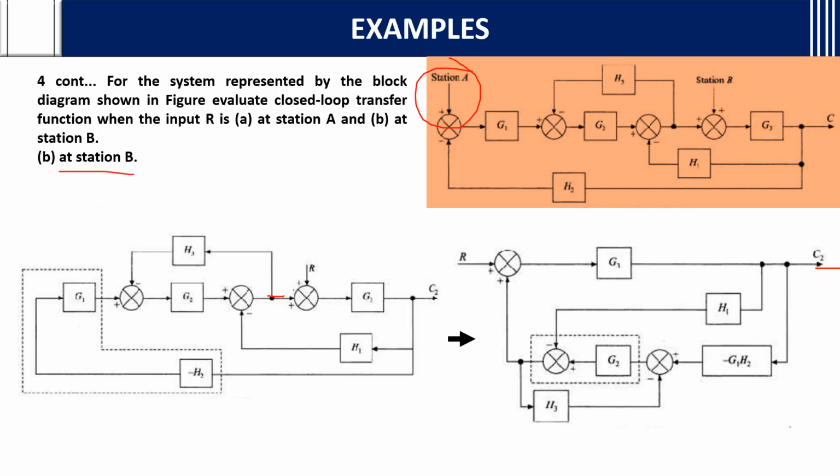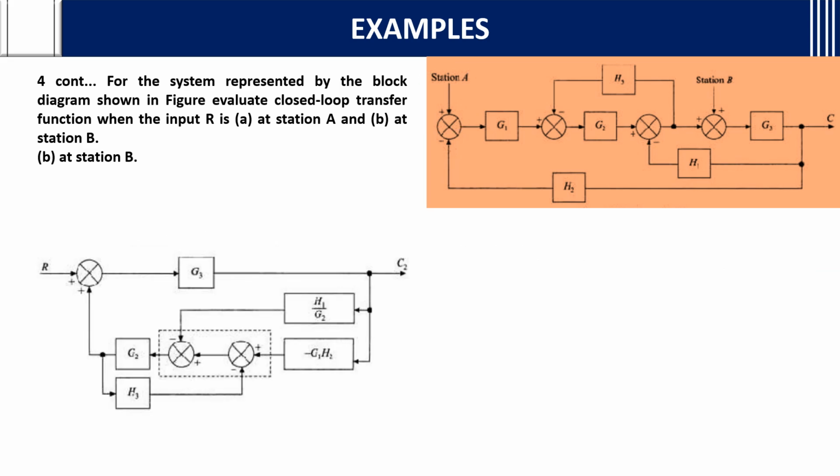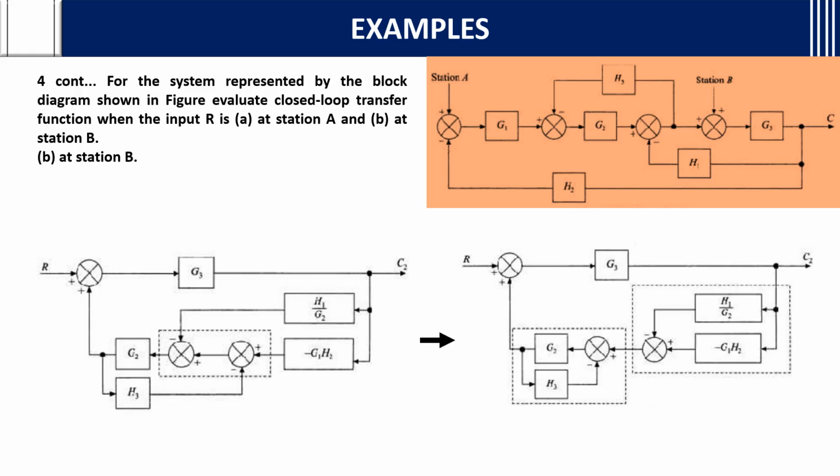After writing this, if you see here, these summing points have been shifted. So you will get H1 G2 and minus G1 H2, G2 and H3 G3. And after writing that, if you see here, this is shifted, this summing point comes to the left side and this summing point goes to the right side.